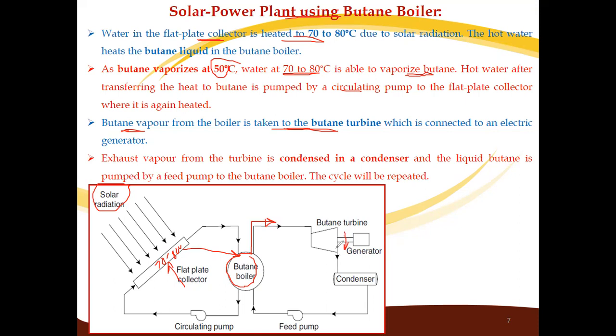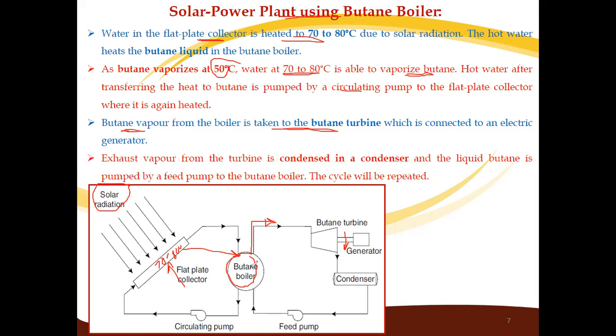and we get again a low temperature butane vapor, and then a condenser is there where we can convert that butane vapor into liquid droplets, and again by using a feed pump we pass this to the butane boiler.